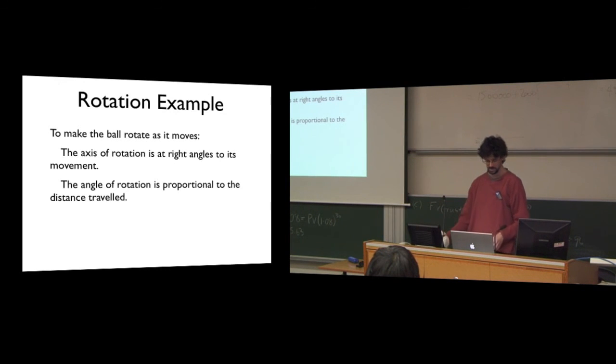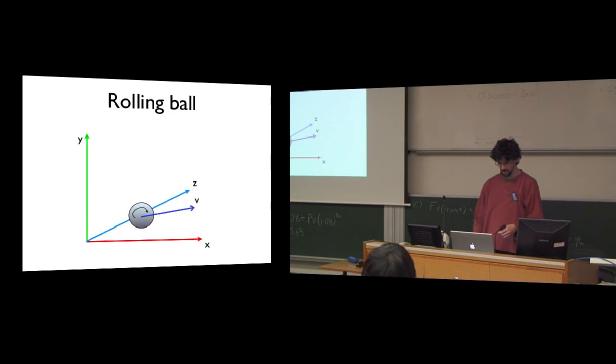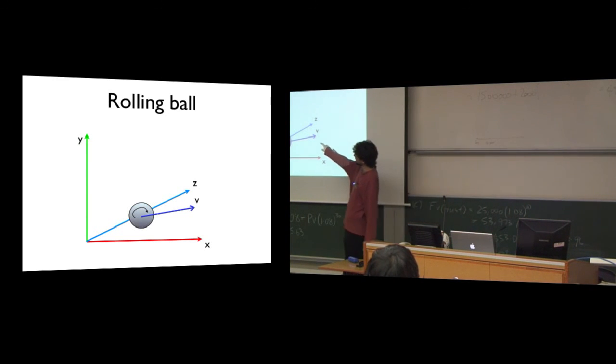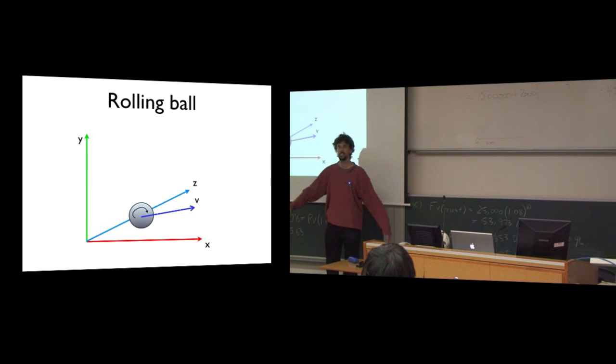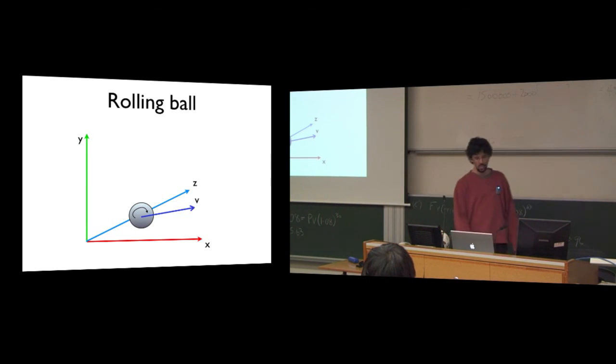So if we have a rolling ball in 3D space, and this is the vector, and we assume this vector is parallel to x and z, so it isn't going up or down, it's just moving along the ground, then working out the axis is a little bit tricky, because the axis depends on which direction you're going.